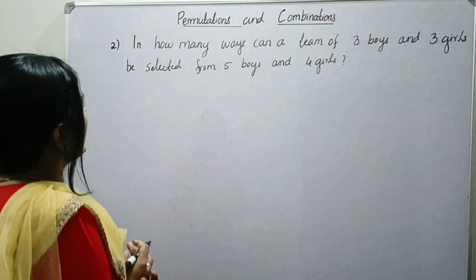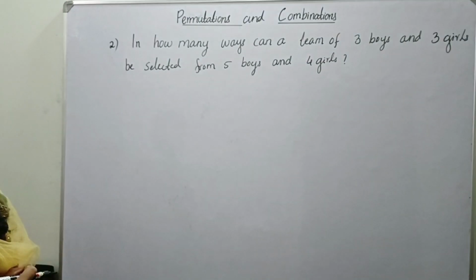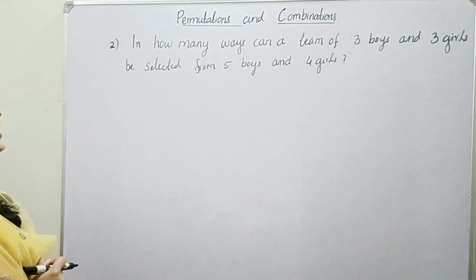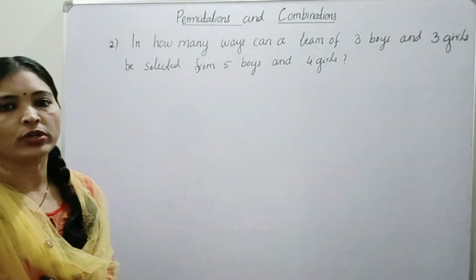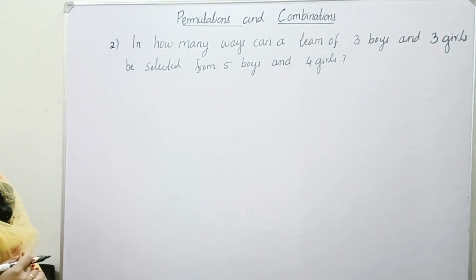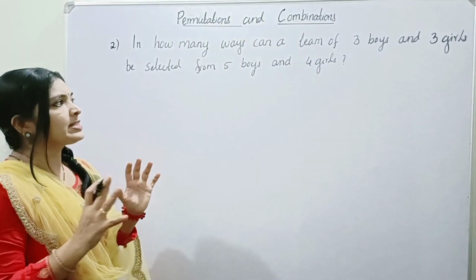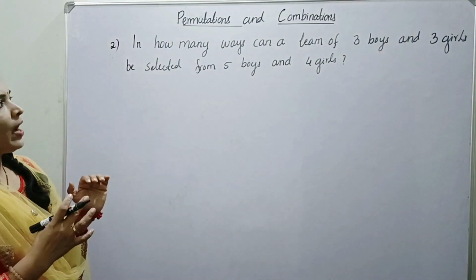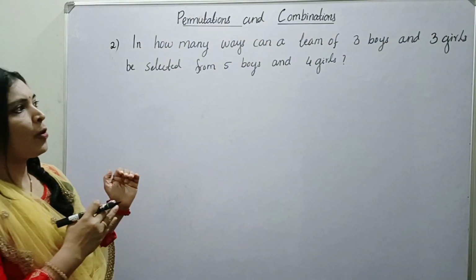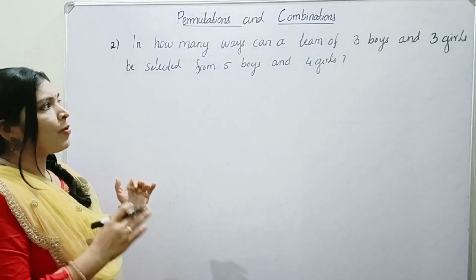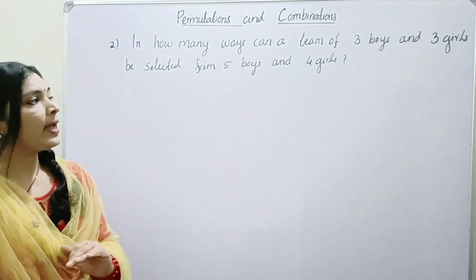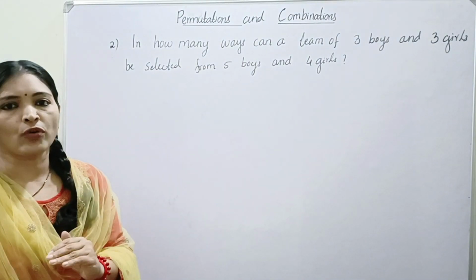Next question is: in how many ways can a team of 3 boys and 3 girls be selected from 5 boys and 4 girls? See here, it is given separately. We have to select 3 boys out of 5 boys, and 3 girls out of 4 girls.